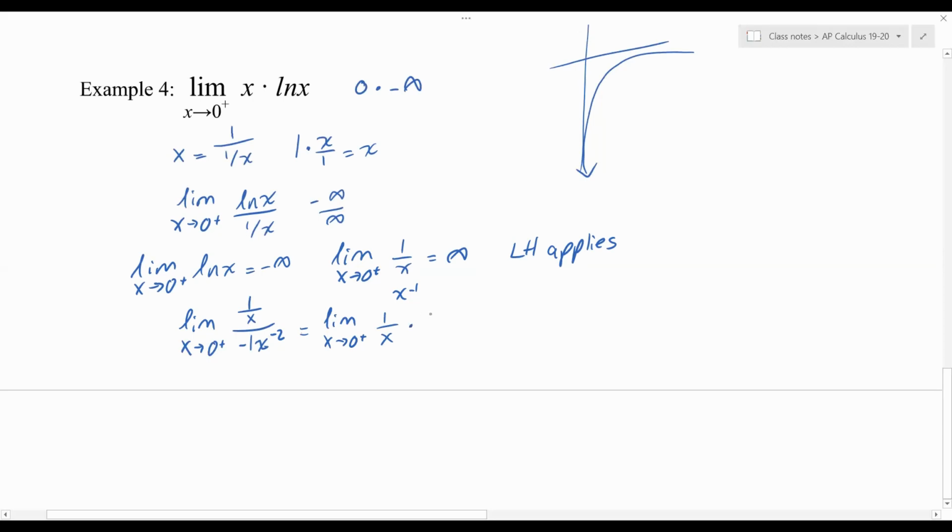So I can multiply by the reciprocal now: x squared over negative 1. Now this x can cancel out with the squared. So we get the limit as x approaches 0 from the right of negative x, and that equals 0. So now we have seen how to use L'Hopital's rule to help us find limits in indeterminate forms.